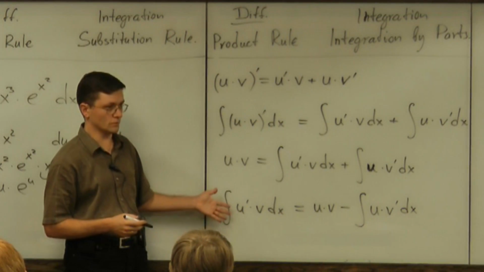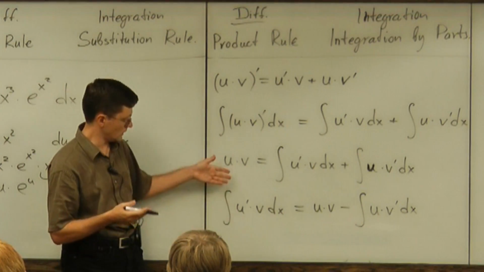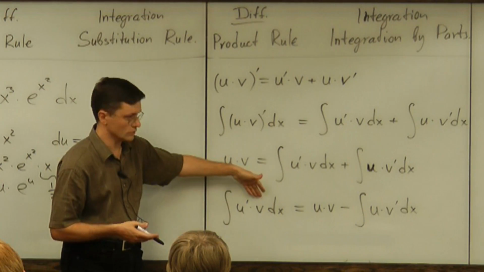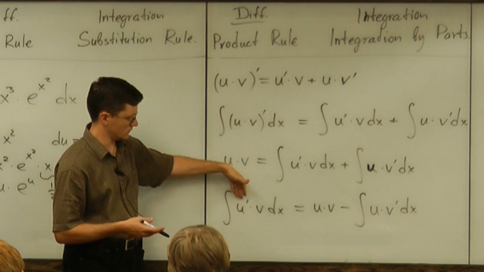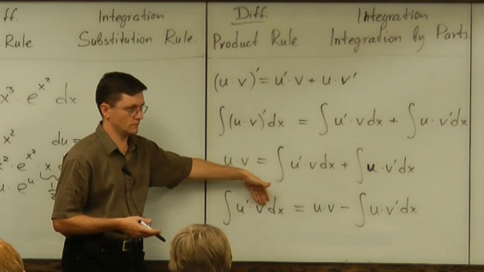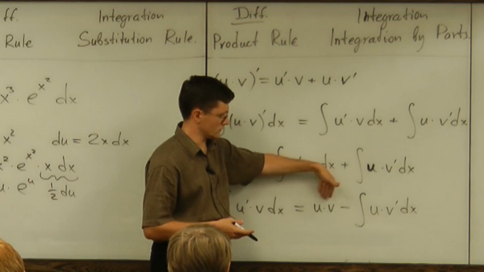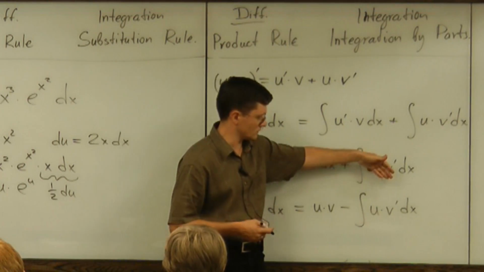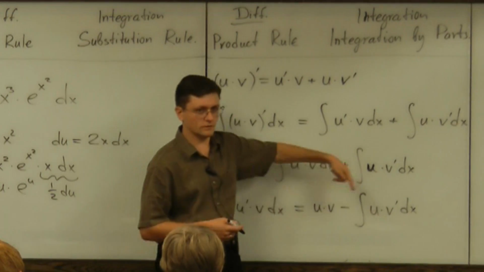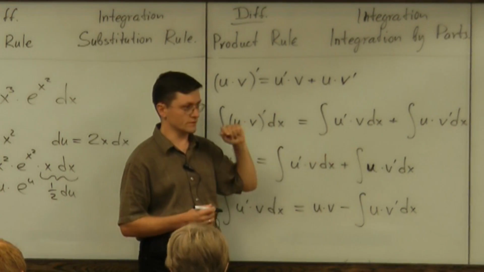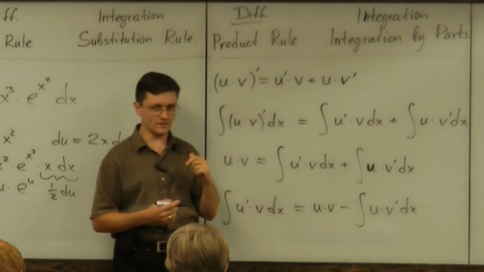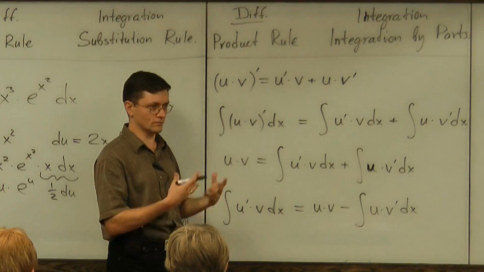So this is the final formula that you want to use. And it basically says that if your integrand looks like a product of a derivative and something else, then you can write it as this expression, and instead of that integrand, you get a different one. Hopefully that is simpler. And then we have to go through examples just to see how it works.